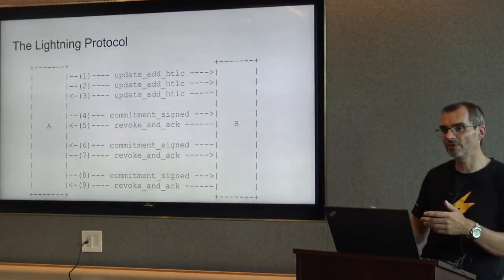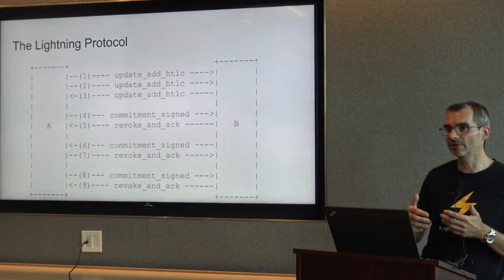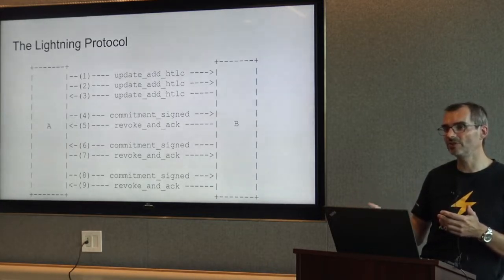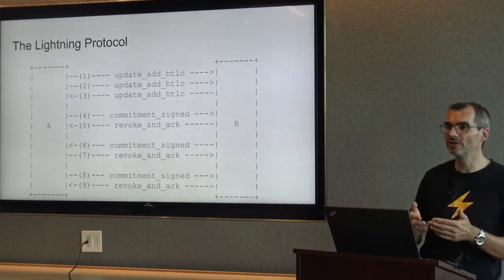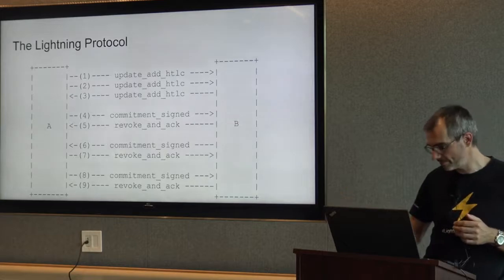You can assume it knows of these payments because we assume that messages are ordered. So if you send a revocation, it means you've seen the signatures that were sent, which means you've seen the messages that were sent before the signature.